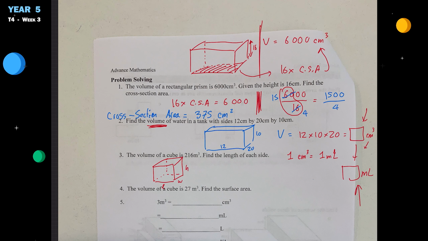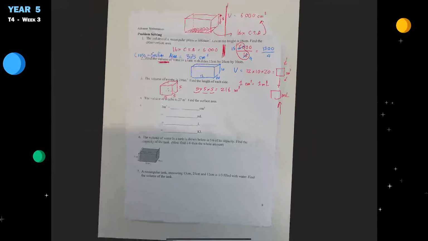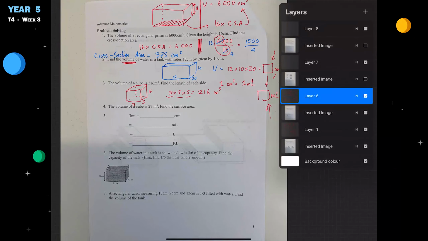So instead of calling it L, W, and H, I'm going to call it side, side, and side. So side times side times side is equal to 216 meters cubed. What 3 numbers that are the same multiply to 216? Maybe if we go to the next page, it might help us with this one.